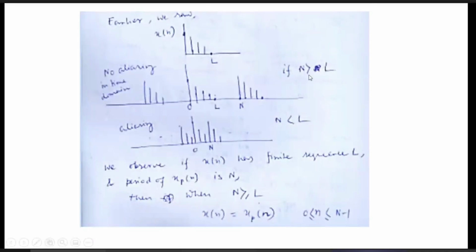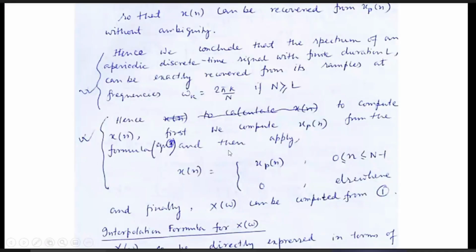If N is greater than L, then there will be no aliasing. If N is less than L, then there will be aliasing. So x of n would be equal to xp of n, the reconstructed signal, if N is greater than or equal to L. Finally, just go through these points.